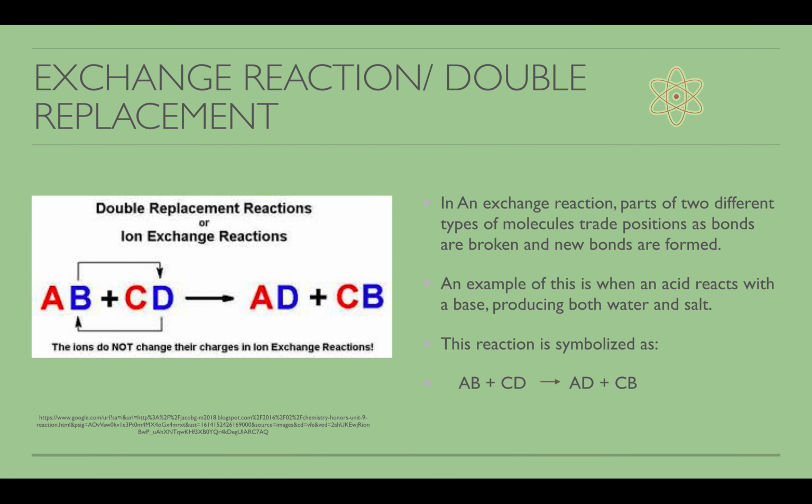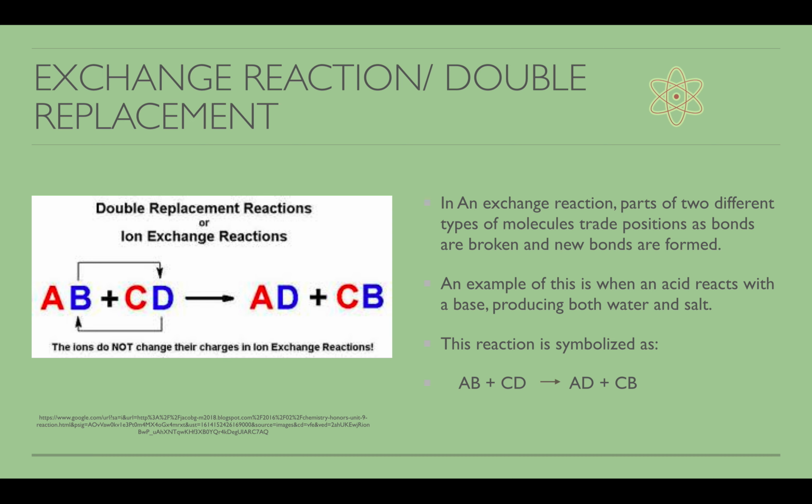And then lastly, we have the exchange or double replacement reaction. So this is parts of two different molecules trading positions as bonds are broken and new bonds are formed. An example of this is when acid reacts with a base, producing both water and salt.